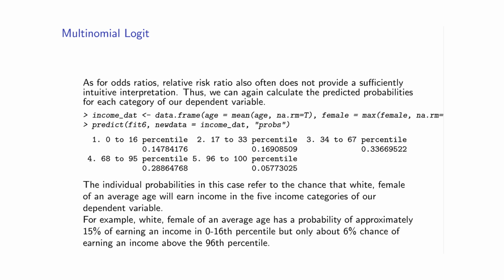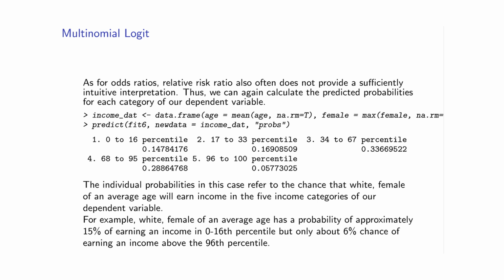Again, we can also calculate the predicted probabilities for each income category for a specific constellation of values that are of interest to us. In this example, we would like to understand the probabilities for white women of average age to earn income in all of our 5 income categories at the same time.